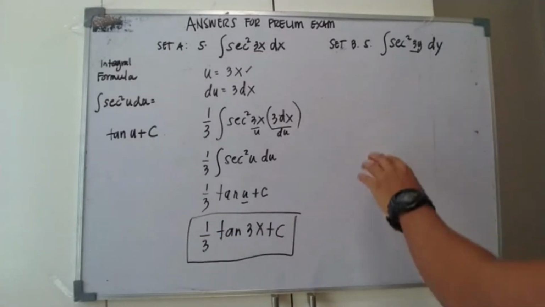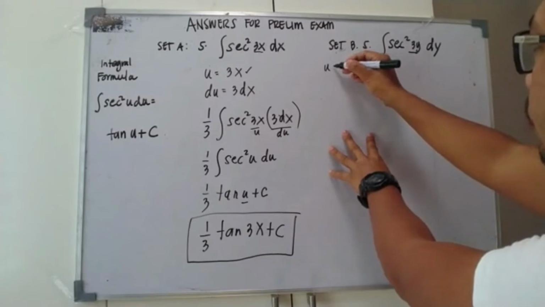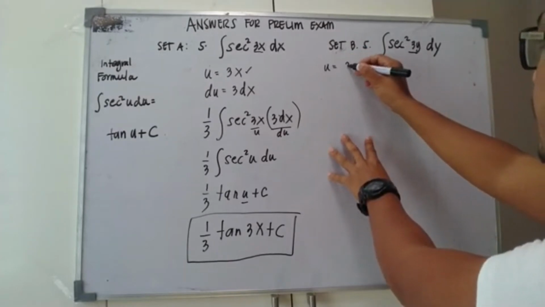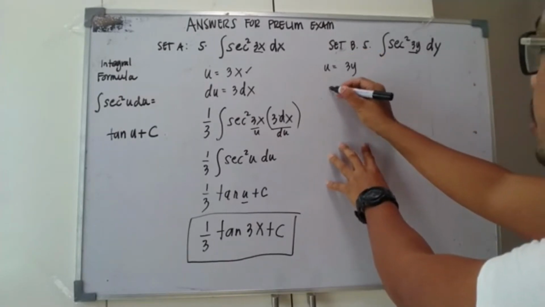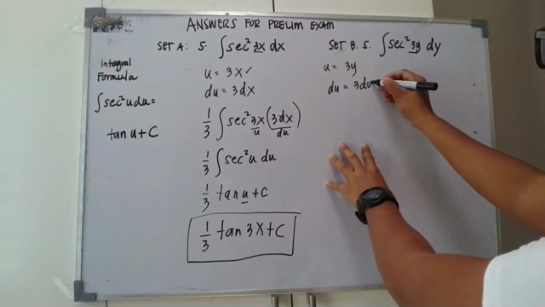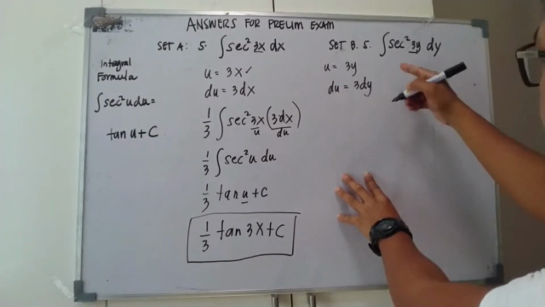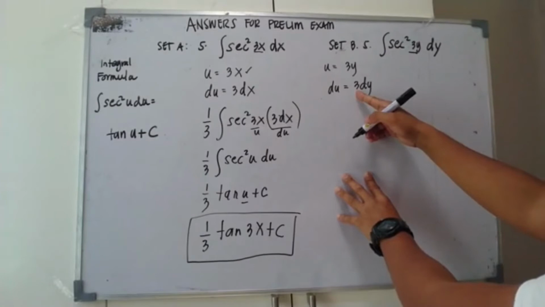You will do the same thing here in set B. So, determine first what your u is. U here is 3y. What is your du? Your du is 3 dy. Okay? Then, proceed now to introduce the neutralizing factor of 1 over 3.